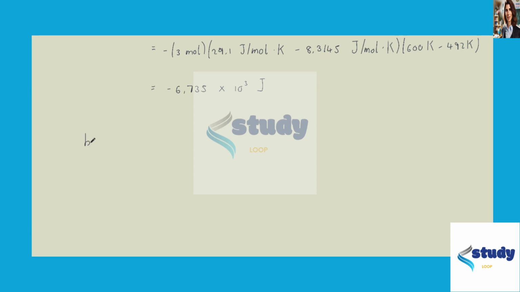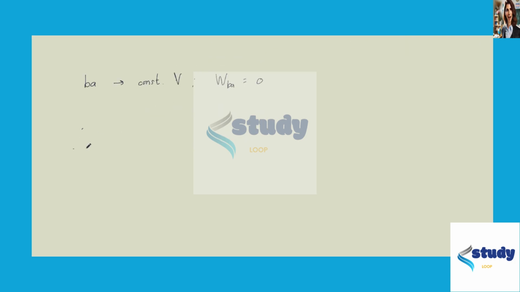Now finally, process BA has constant volume. Now for constant volume, we know there's no boundary work done. So the work done in this process is 0. And hence we can calculate the total work done since we have the work for each process.